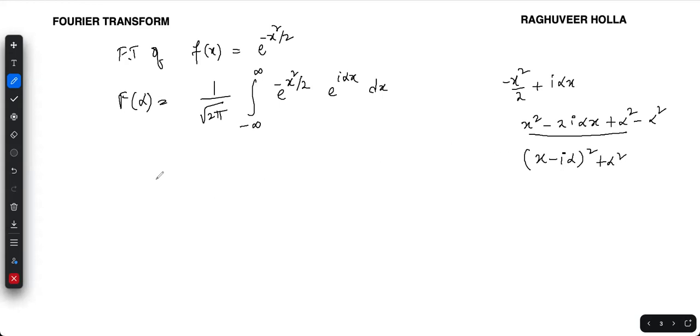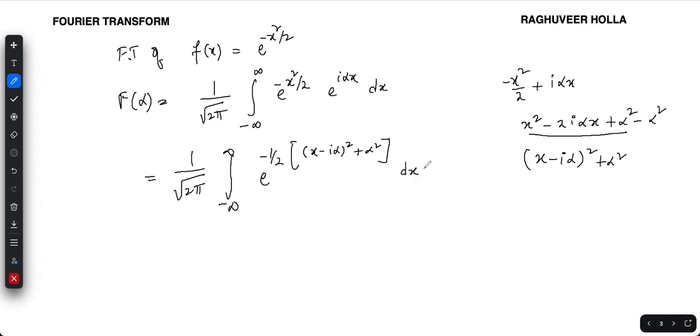So this results to 1 by root 2 pi, integral from minus infinity to infinity. I've taken minus half outside. So in the power, I have x minus i alpha whole square plus alpha square, dx.